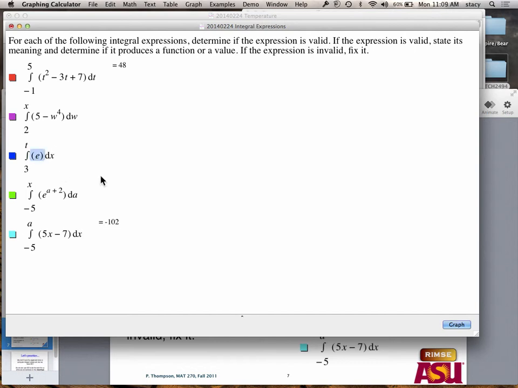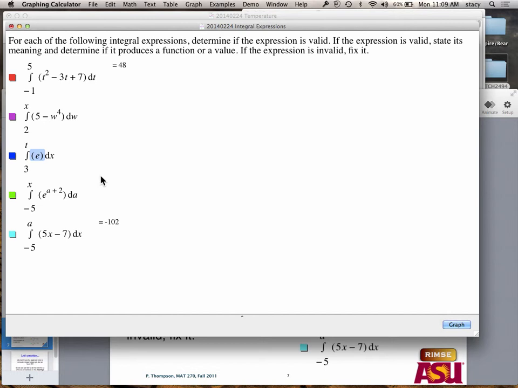Are we okay with the fact that what kind of rate function is this? Well, it's a constant rate. What kind of accumulation function is this going to be? Test on Thursday. If you have a constant rate of change, what kind of accumulation function do you have?